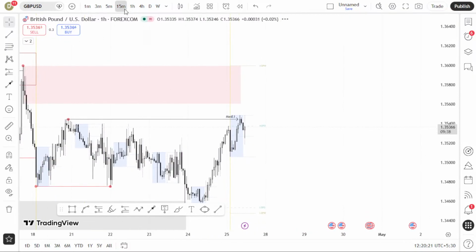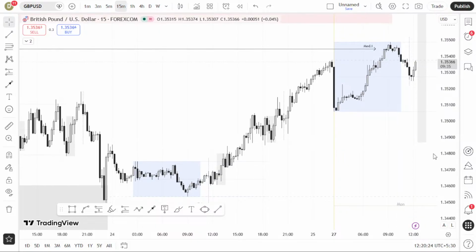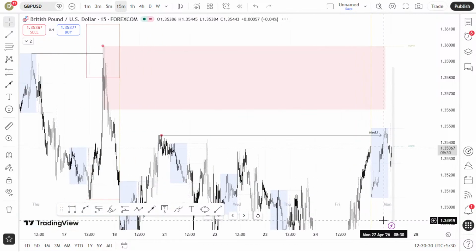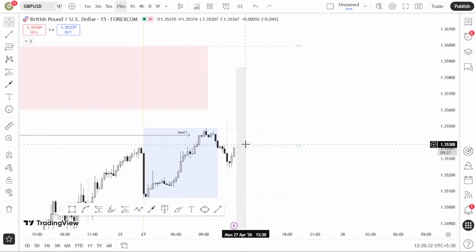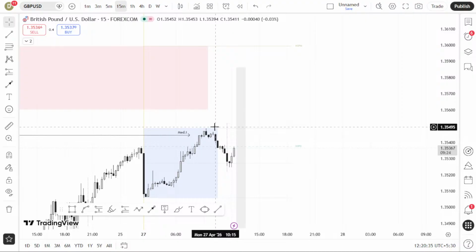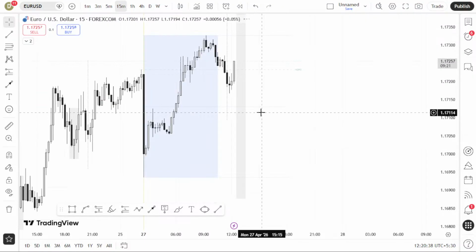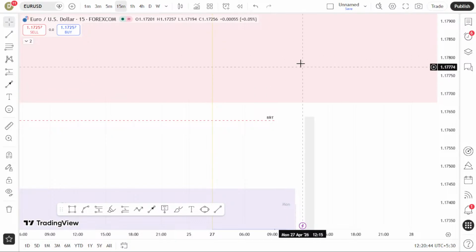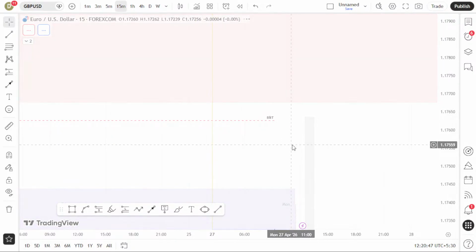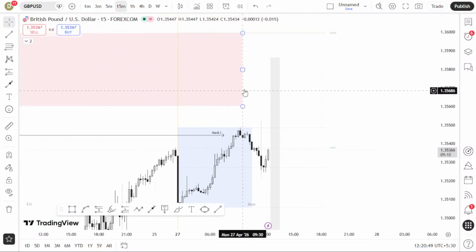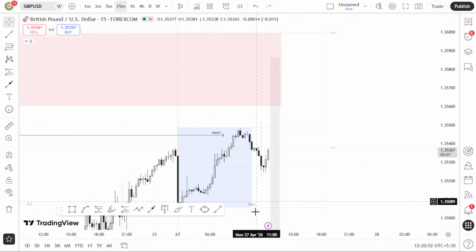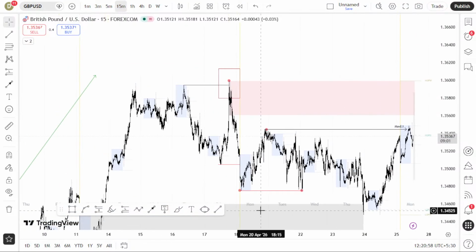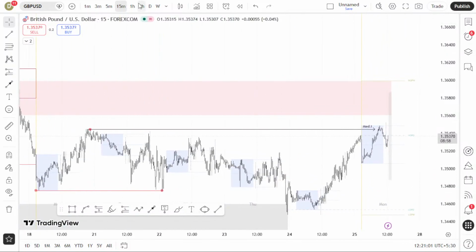I don't think we should be trying to buy GBP as of today. Considering EU and GU move together, I think price would be moving to the upside in euro and once again taking this liquidity, mitigating this area, and GBP would be trying to come into these areas, mitigating the supply zone, and would be moving together to the downside.